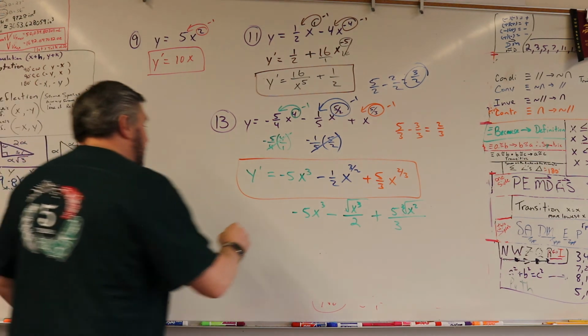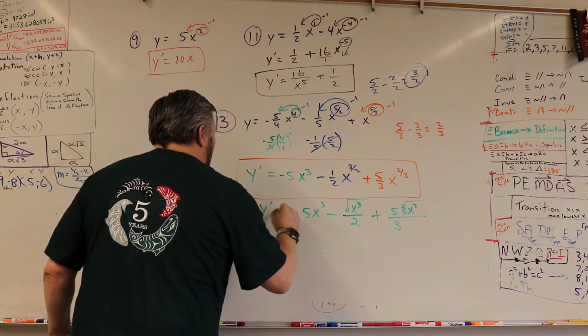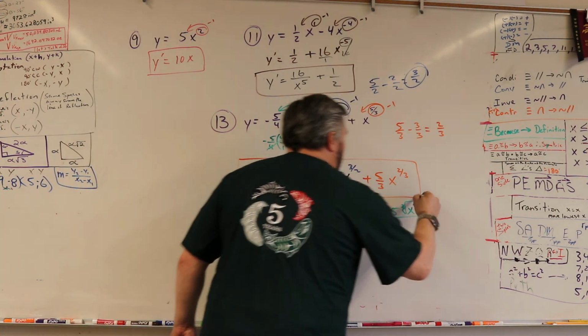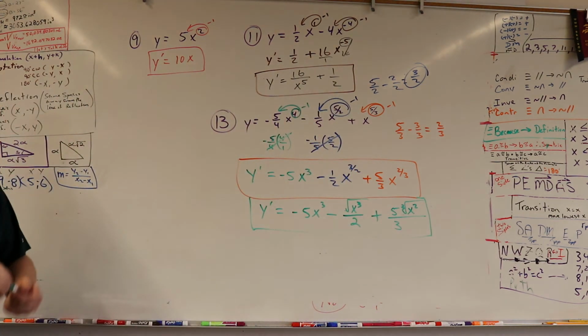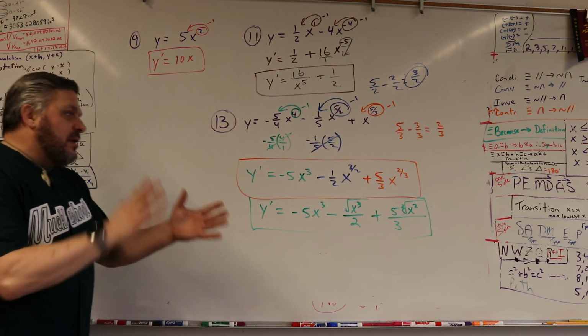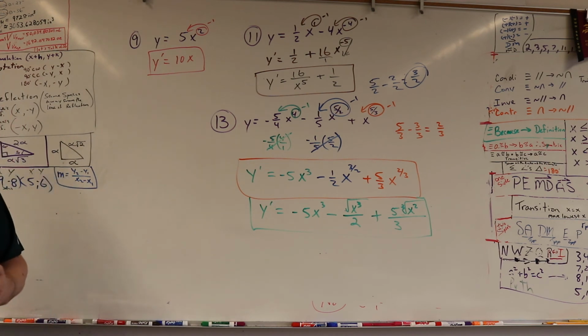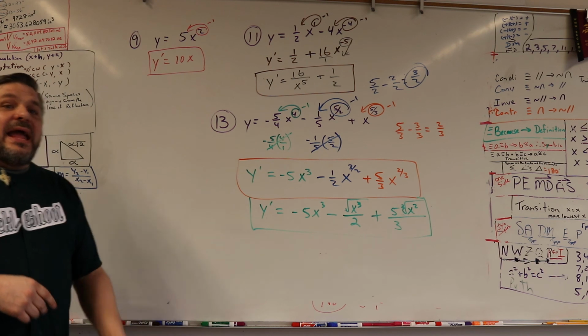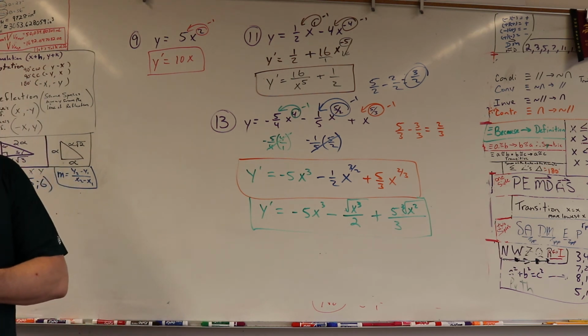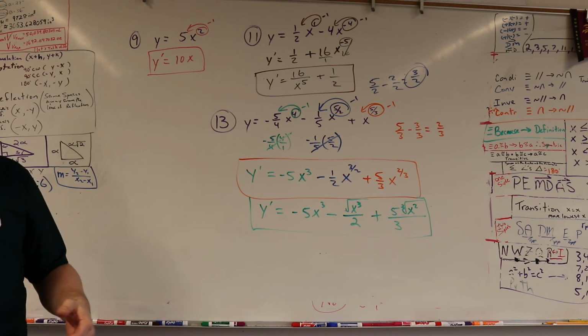That one can be a little difficult to write, but once you get used to it, it's super easy. Okay? So you can write it in either form or both forms. I'd like to see you write it in exponential form and in radical form. So let me rephrase that.